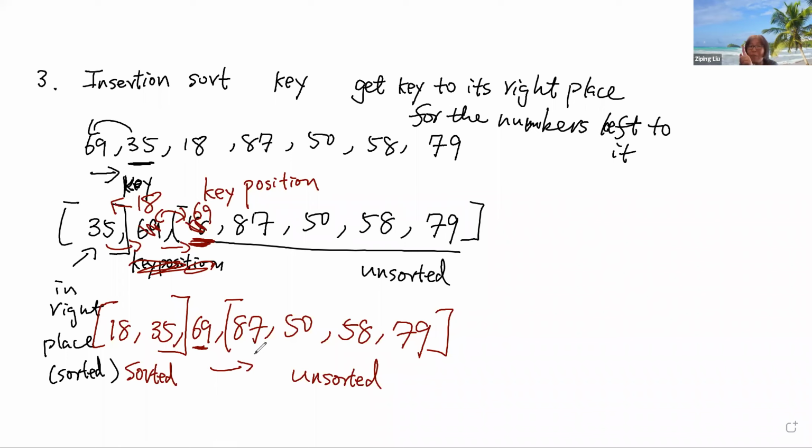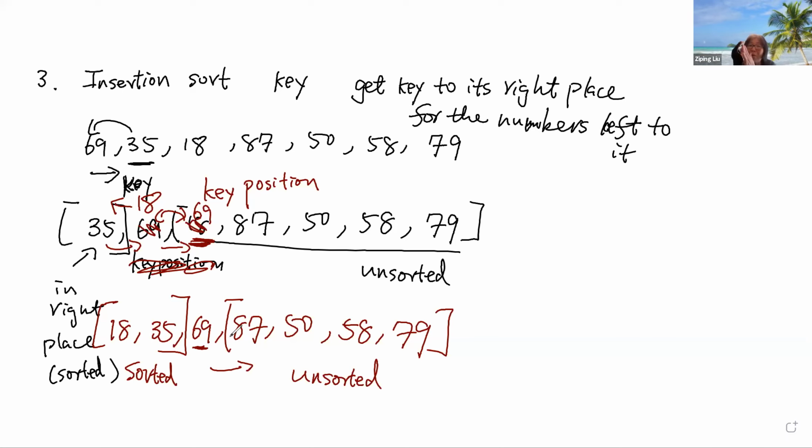Each time you move down your key and get that number to its right place, so that all of the numbers on its left are sorted and all of the numbers to the right are unsorted.